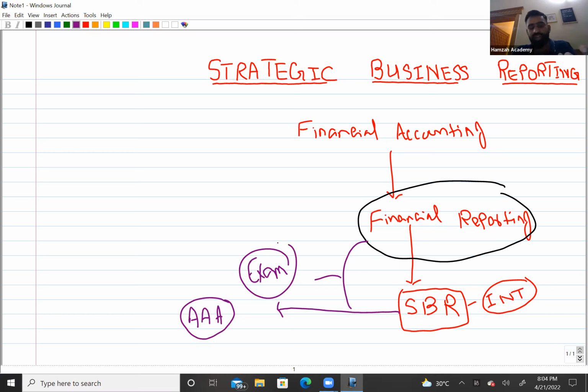There are MCQs and OT case studies, but SBR will be a more knowledge based, more descriptive paper. Descriptive means it will be more discussion based. There would be a case study, and on that case study we have to apply our accounting knowledge relating to accounting standards. So it will have case studies, descriptive explanations and discussions in the SBR paper. That would be the main difference.